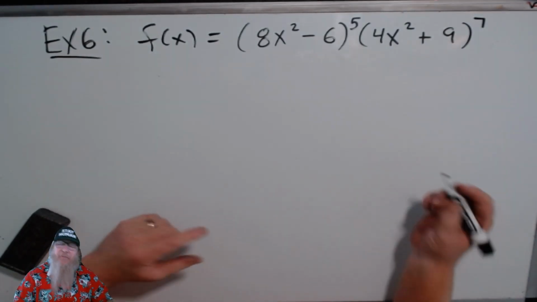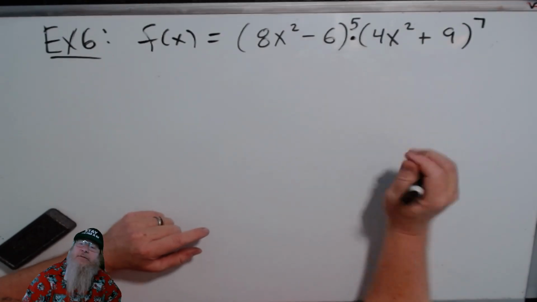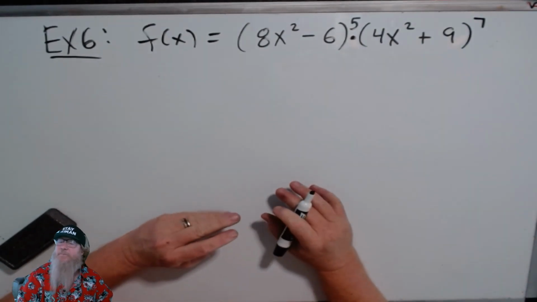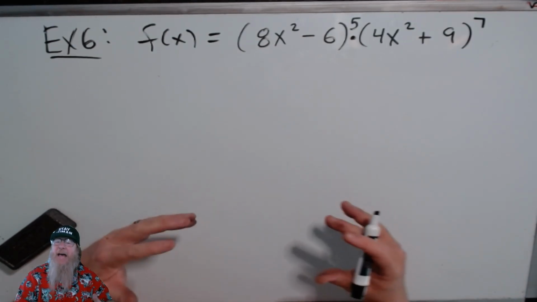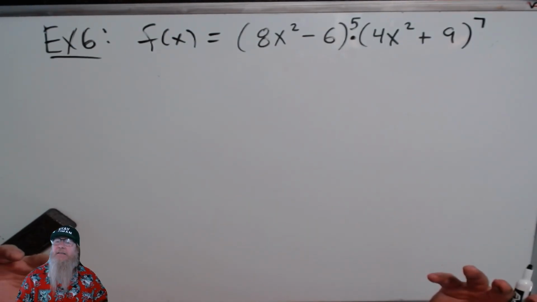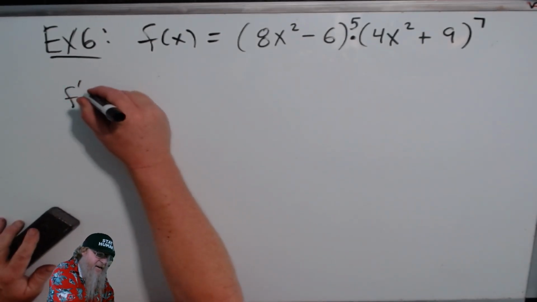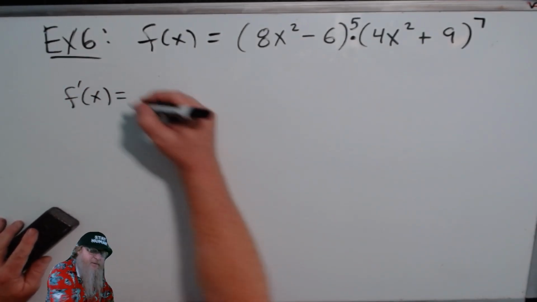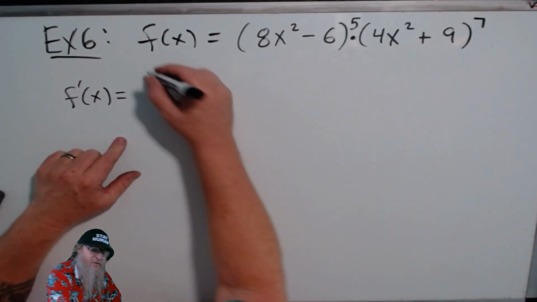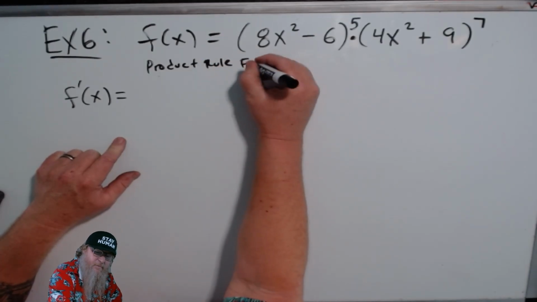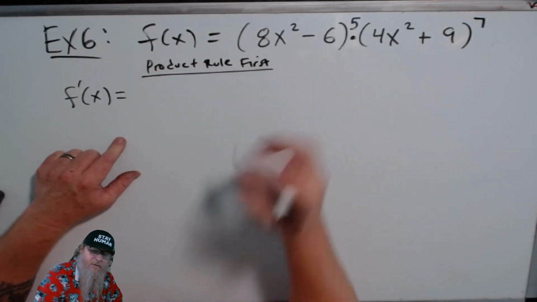So this is going to first be a product. Identify that there is a product separating these two. Then a chain. So a product followed by a chain. So let's first handle the product. Product rule first. All right.